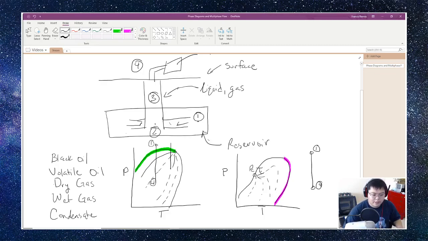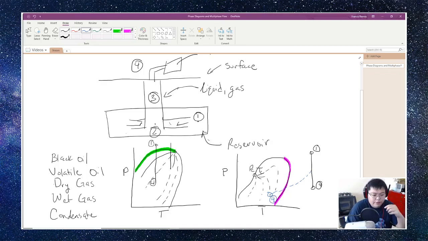Wet gas. Now you see here, I'll use blue. Around number 3 in the pipe, where you actually go vertically from the reservoir to the surface, you begin to see this deviation. Let's say this dotted line is the deviation until here, where this is 4.